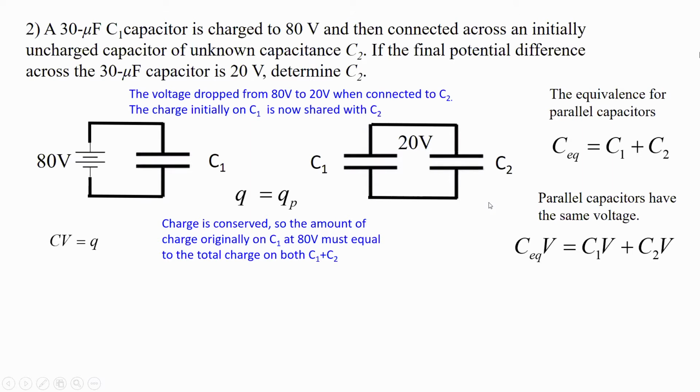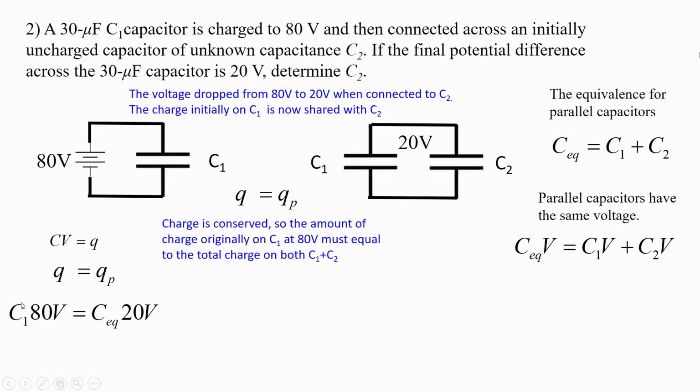And just recall the relationship that CV is equal to Q. All right, and this relationship we were taught earlier that the initial charge on C1 must equal the total charge on both C1 and C2.